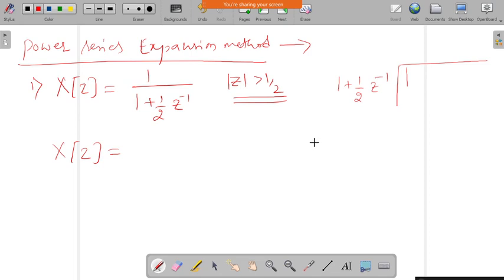We need to take this and go on dividing the numerator by the denominator, so that the values we get will be in terms of a power series.